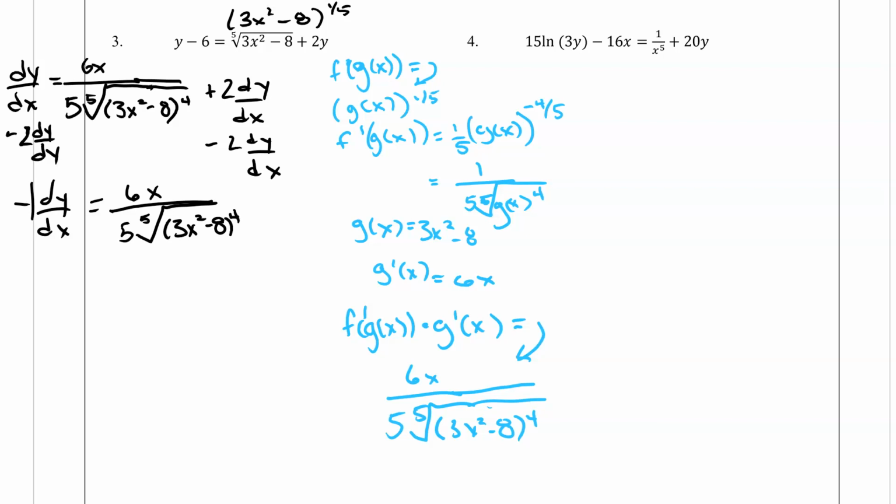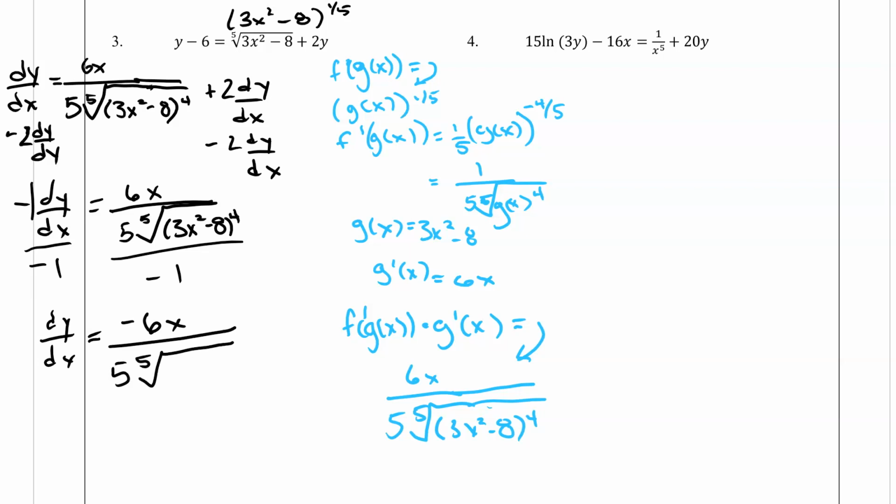All right, so we want to get rid of that negative 1. So if we divide the whole thing by negative 1, we've got dy dx equals negative 6x over that hot mess, 5th root of 3x squared minus 8 to the 4th.